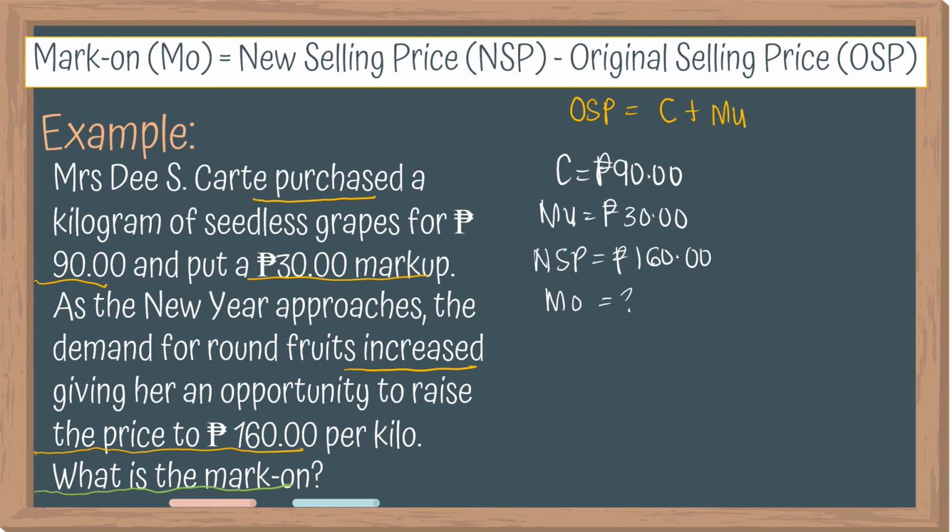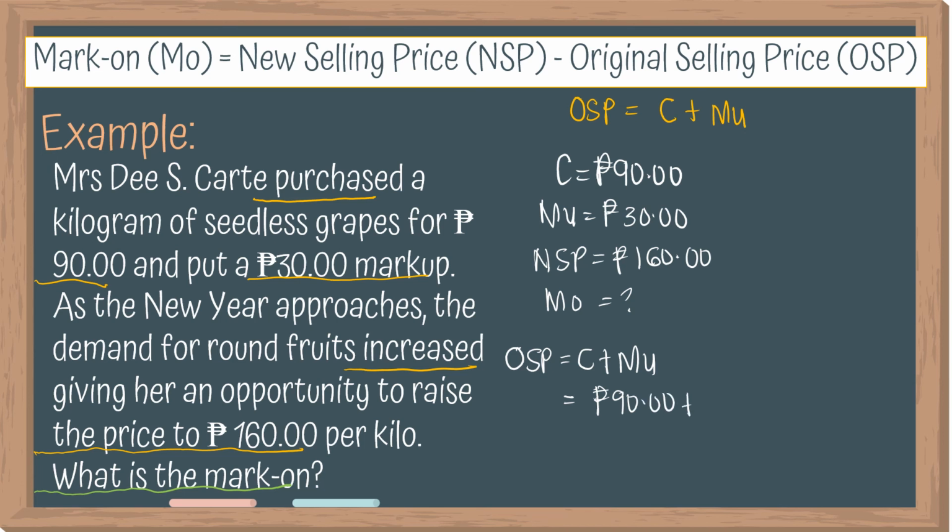So, let us first identify the value of the original selling price. So, for the original selling price, we have there cost plus markup. With this one, we're going to substitute the values. For the cost, we have 90 pesos.